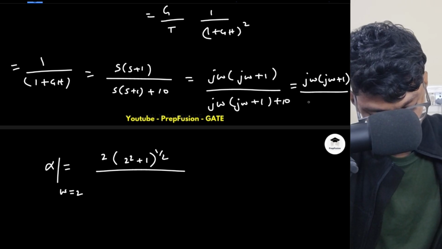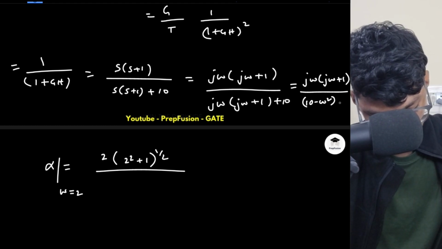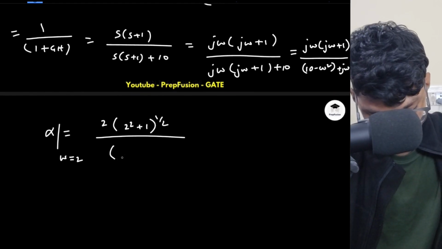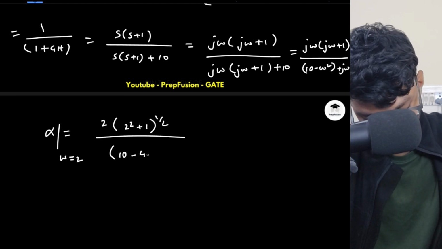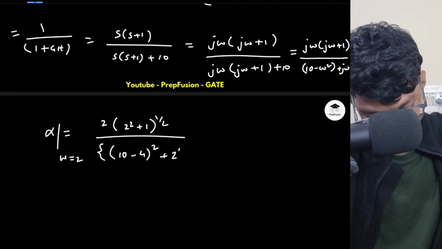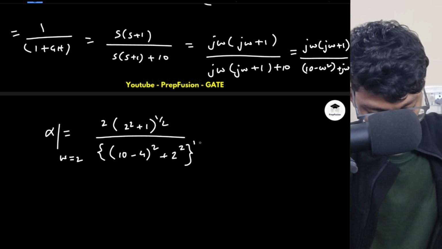Divided by, this will be minus omega square. So 10 minus omega square plus j omega. So this basically becomes 10 minus omega is 2, 10 minus 2 square is 4, this whole square plus 2 square, okay, whole under root.